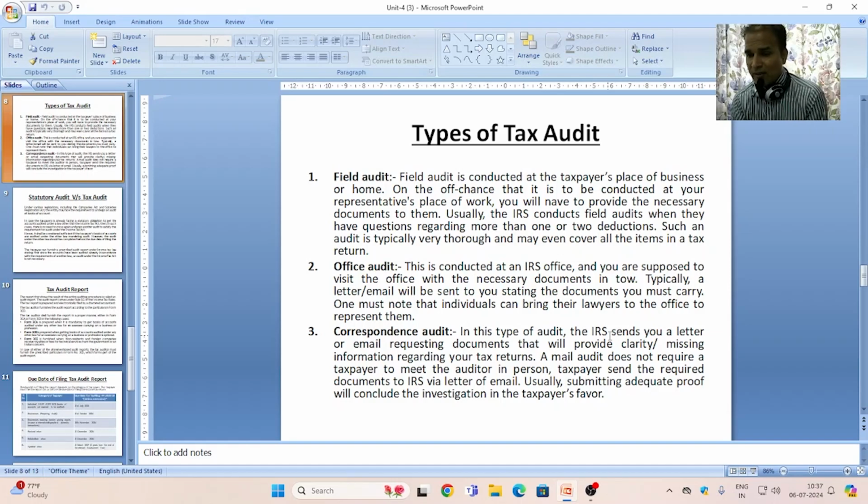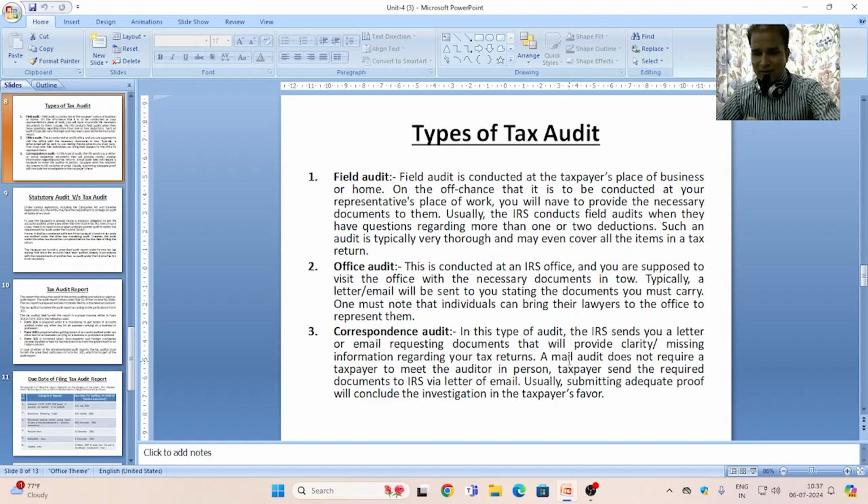Usually, submitting adequate proof will conclude the investigation in the taxpayer's favor in case of correspondence audit. Here, examination and verification is not related to very material information, but clarification should be required by the IRS.